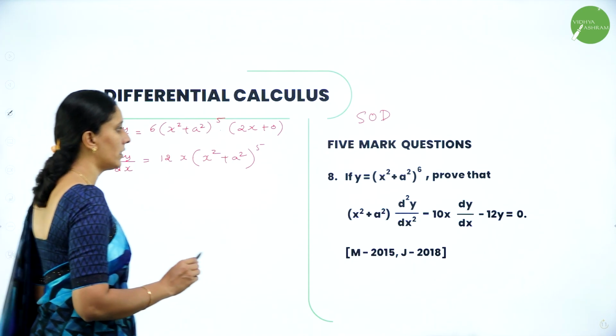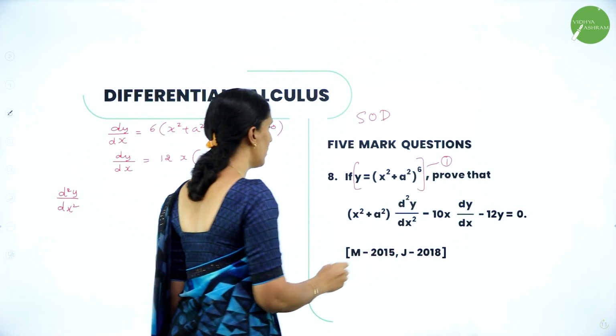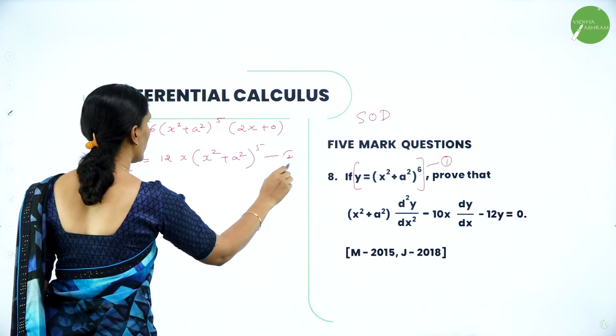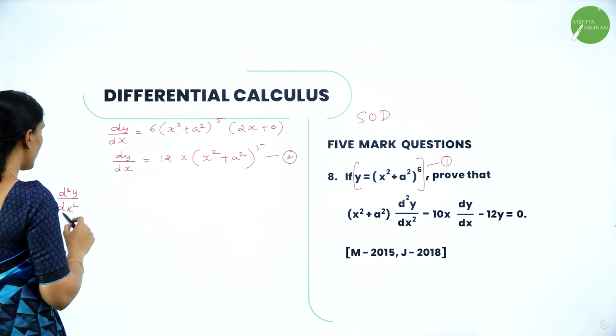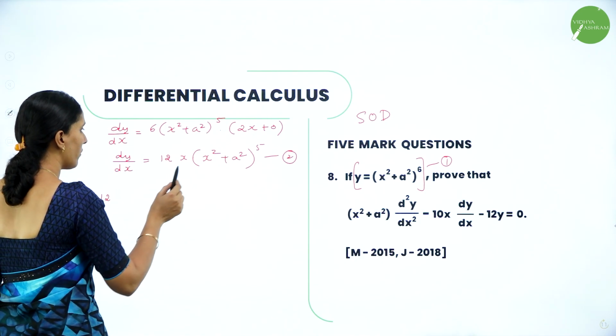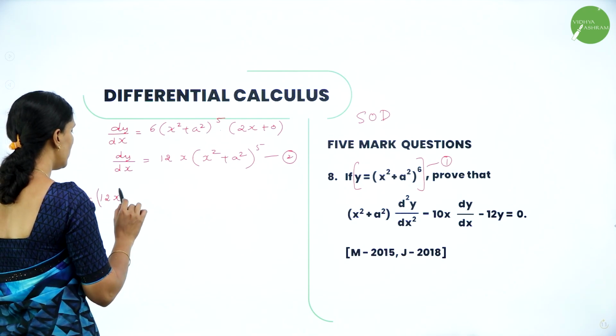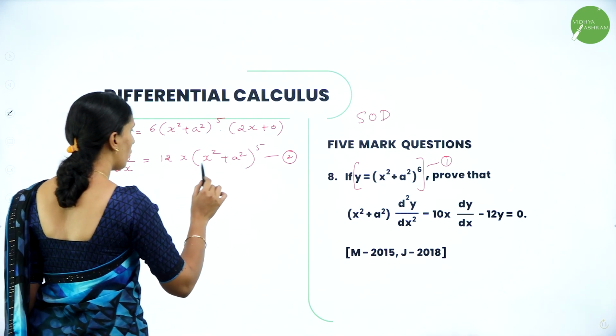So before that, consider this as equation 1 and this as equation 2. So we have d square y by dx square. Here 12 is constant, or we can take 12x as the first function. So the first function into the derivative of this function.